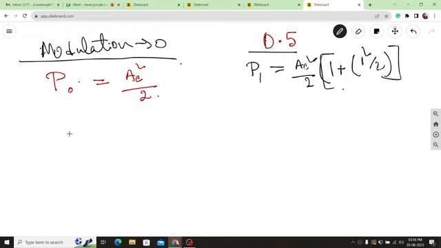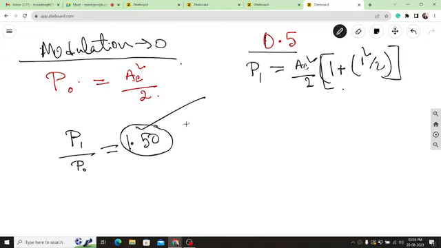So if we compare this P1 by P0, it is 1.50. This says this power has been increased by 50%.